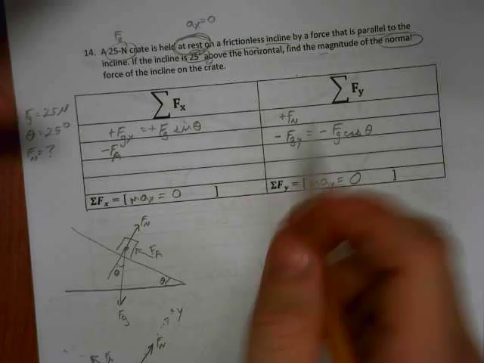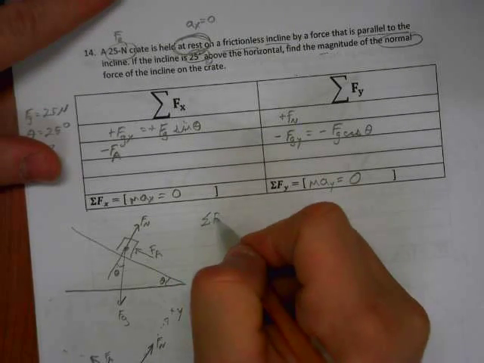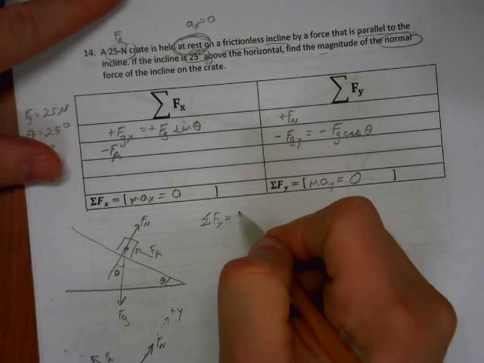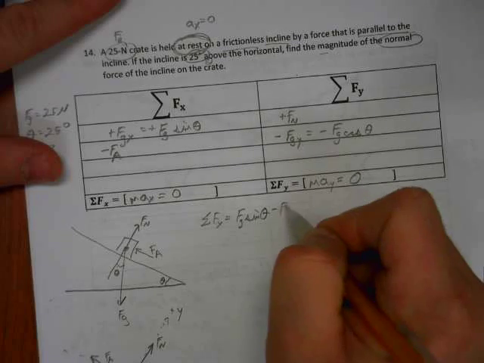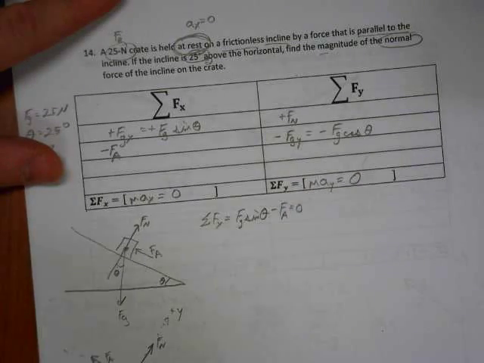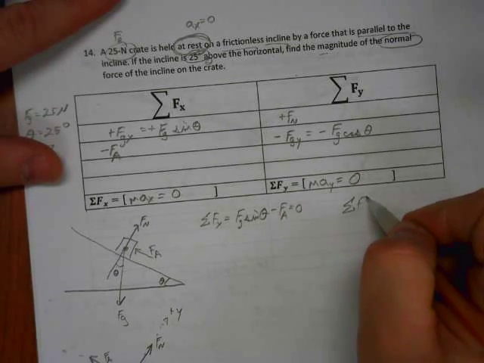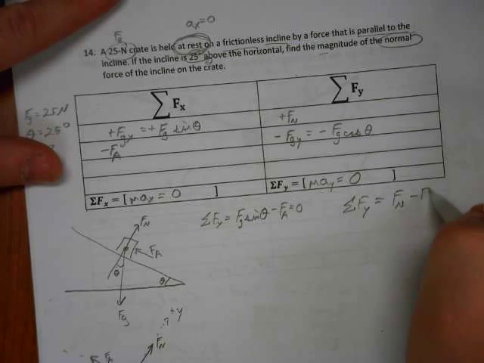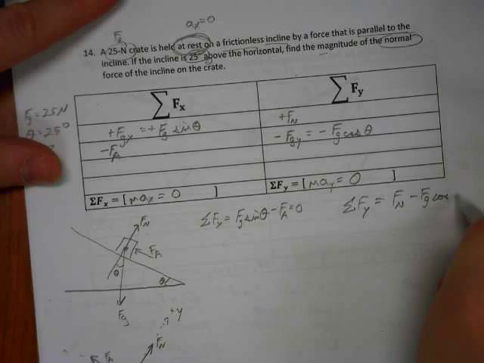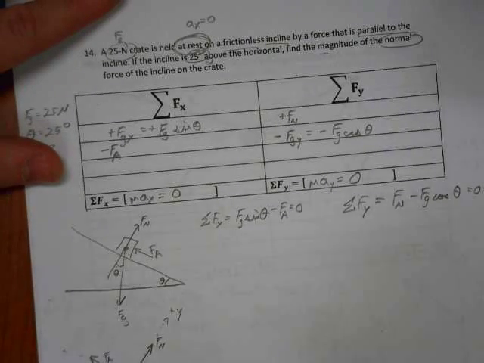Okay, so if I were to sum all my forces, the sum of the forces in the x direction equals FG sine of theta minus FA, and that equals 0. In the y direction, Fy equals Fn minus Fg cosine of theta, and that also equals 0.